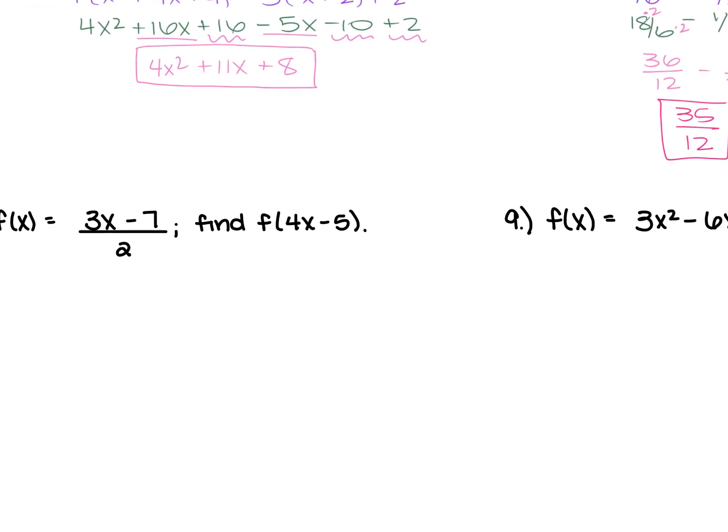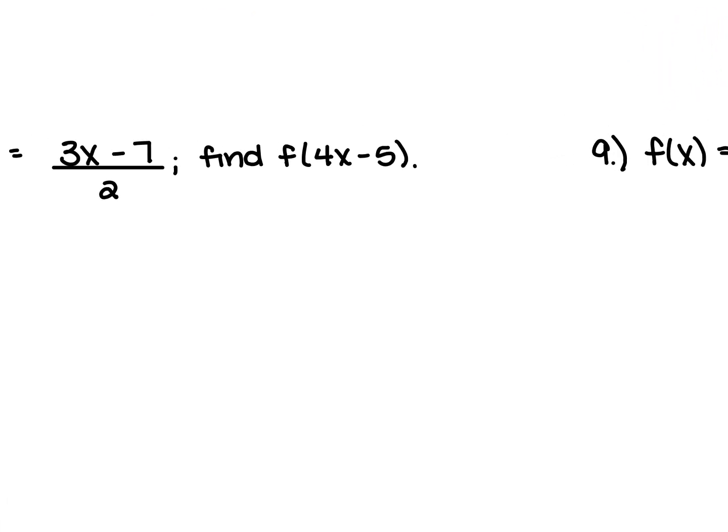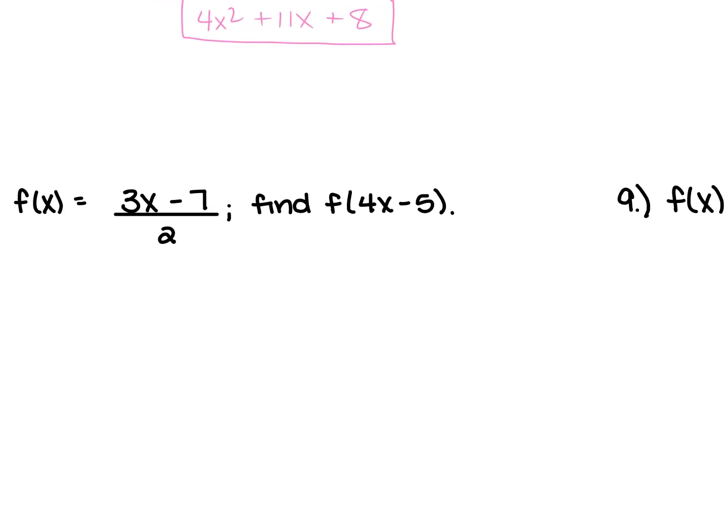For number 8, f of x is 3x minus 7 over 2, and we're finding f of 4x minus 5. So that means that we're going to have 3 times (4x minus 5) minus 7, all over 2. So from here, we're going to distribute the 3 in.